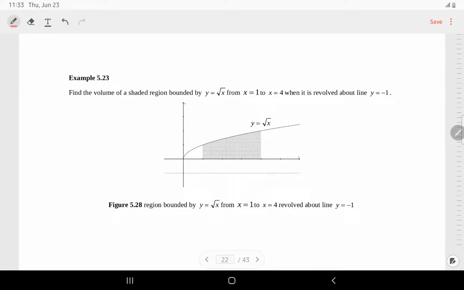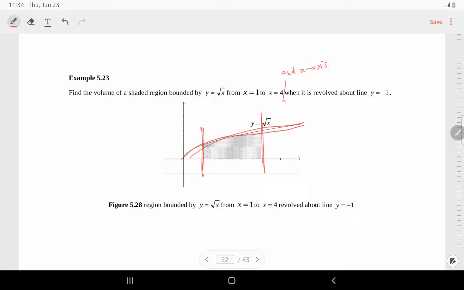Okay, find the volume of shaded region bounded by this curve. This curve. And then from x equal to 1, x equal to 1 kat sini, to x equal 4 dekat sini. Okay, ni ada tertinggal satu lagi, and x axis.